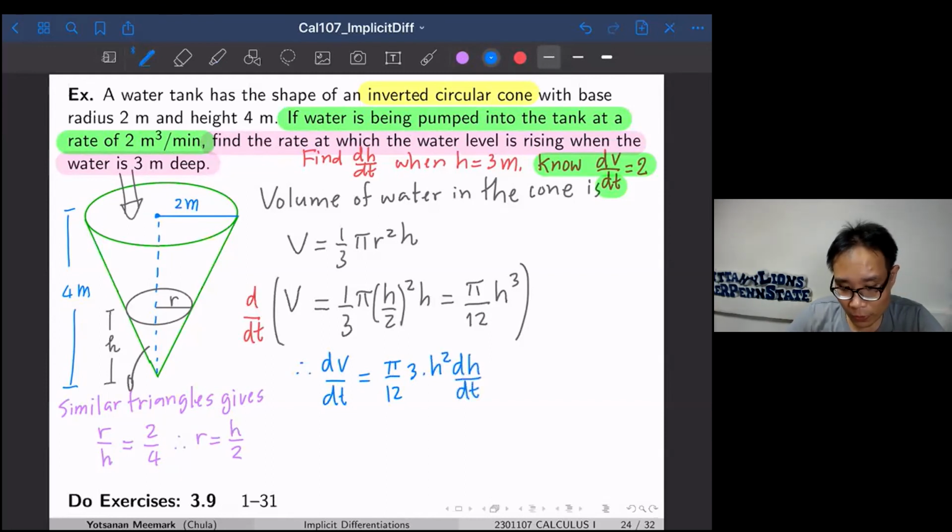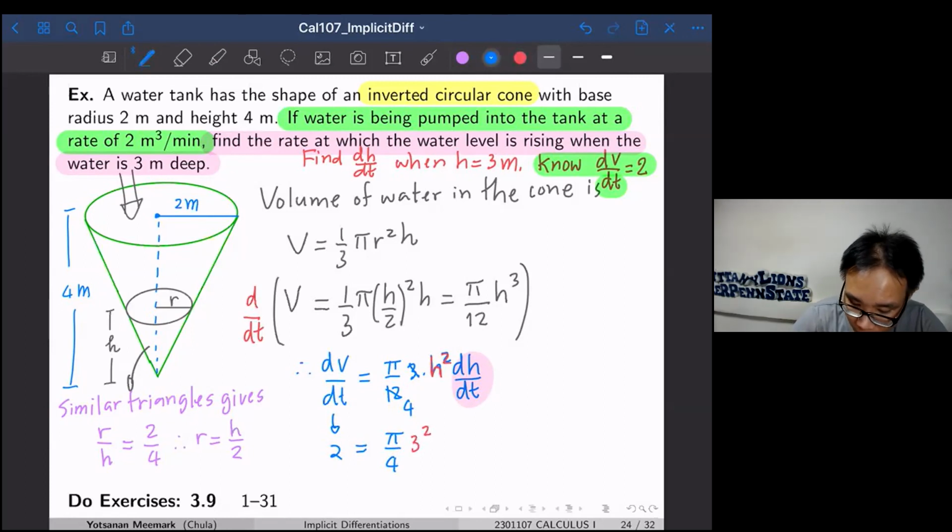So that's what we want, right? We want the dh/dt. So we're gonna plug in everything that we know. We know dV/dt equal to 2. We can cancel, so it's gonna give us pi over 4 on this side. And we also know that h equal to 3 meters, so h squared here is 3 squared.